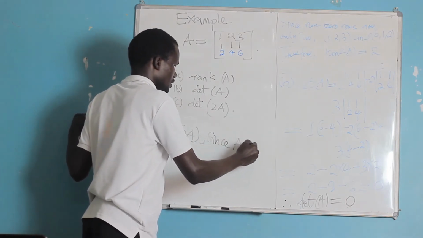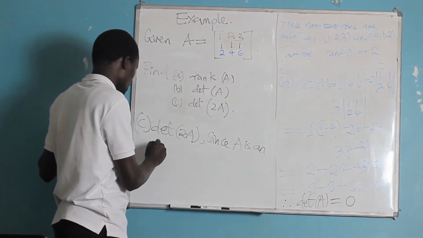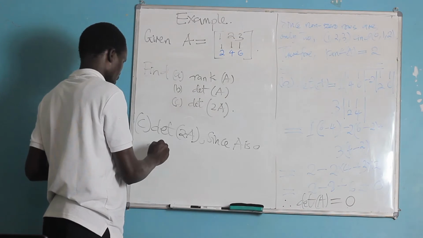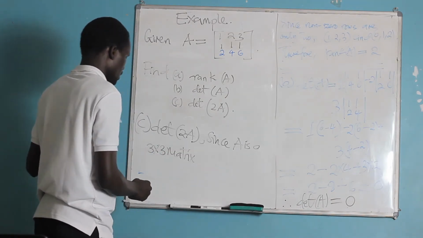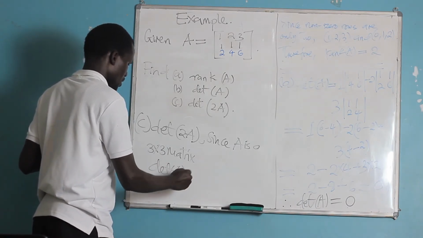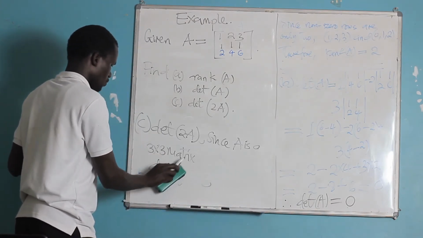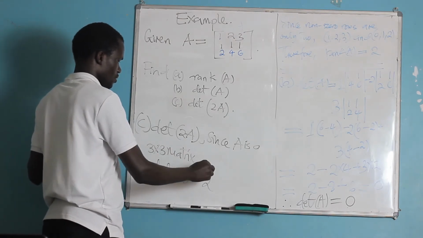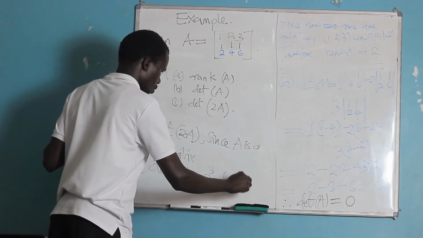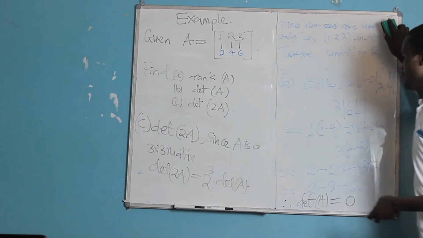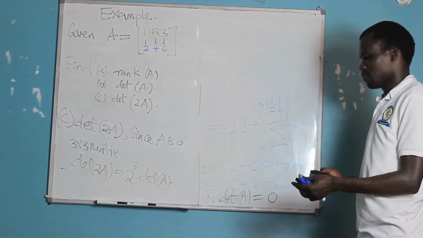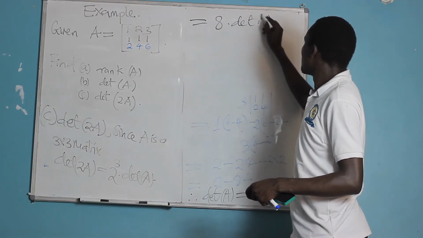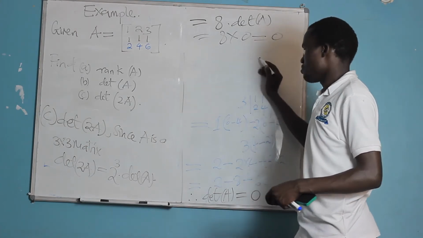Since A is a 3 by 3 matrix, the determinant of 2A is equal to 2 exponent 3 times the determinant of A. So if you compute 2 exponent 3, you get 8, times the determinant of A. And the determinant of A is 0, so this will be 0.